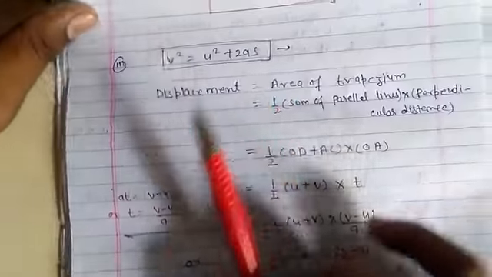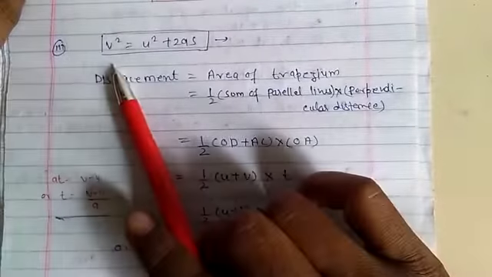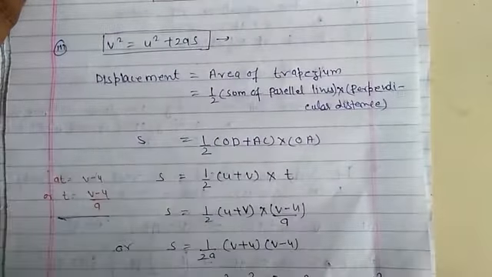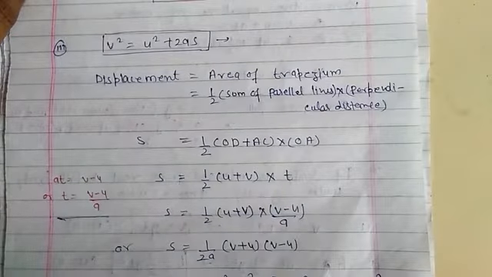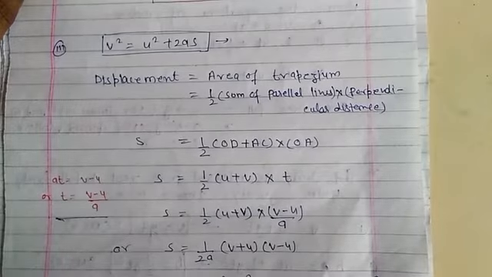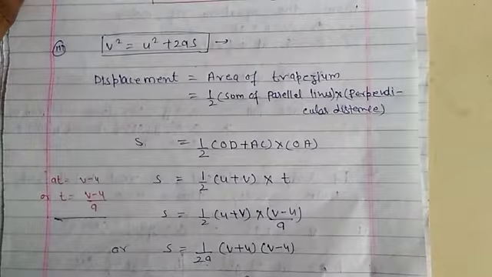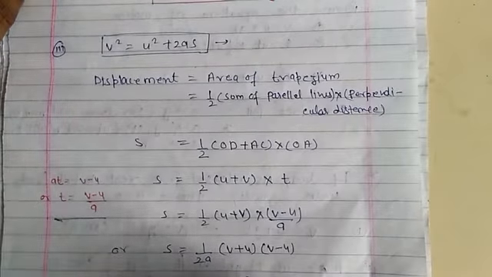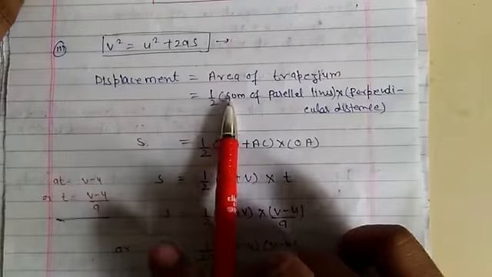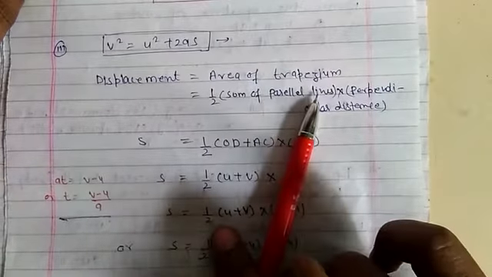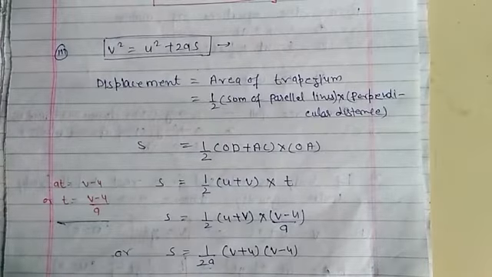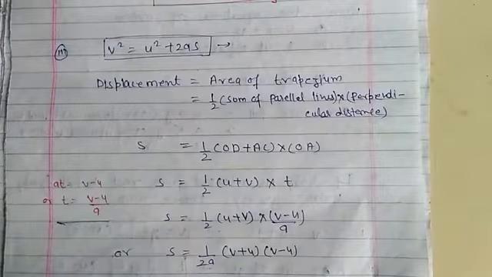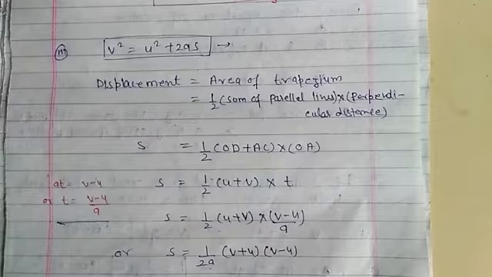And the third equation of motion is v square equal to u square plus 2as. For this equation we will find the same area with the help of another formula, that is the area of trapezium, which is 1 by 2 into the sum of the parallel lines into the perpendicular distance between the parallel lines.